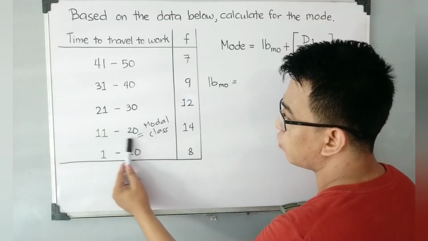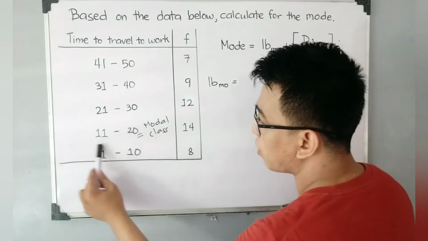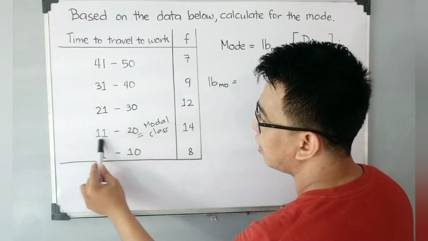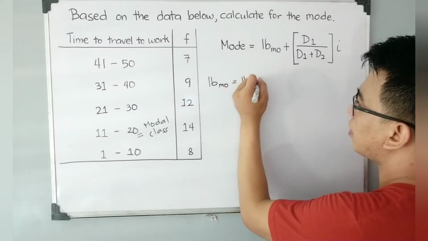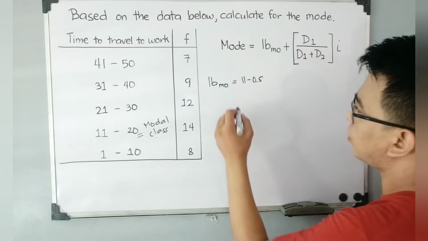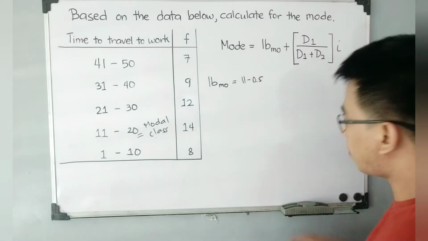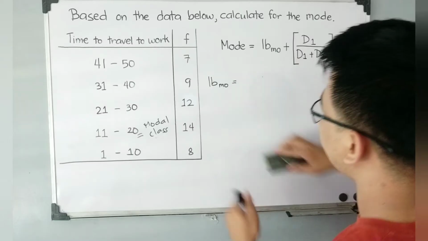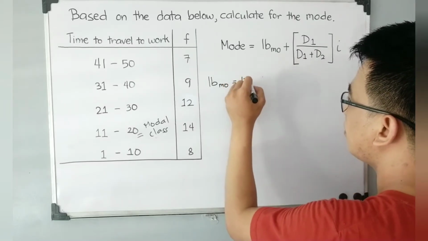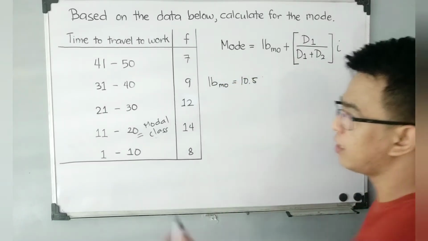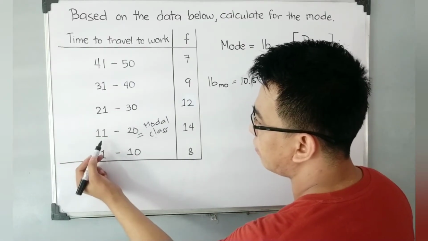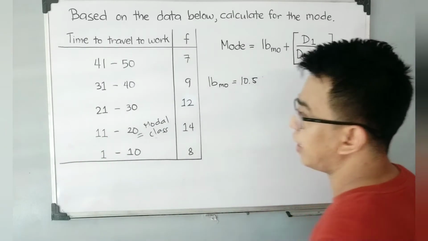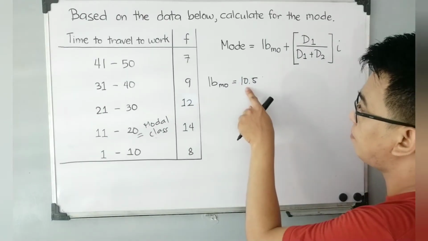We have 11 to 20, wherein you go to the lower limit, which is 11. That is 11 minus 0.5. So the lower boundary of your modal class is simply 10.5. Again, simply subtract 0.5 from the lower limit, which is 11, and that is 10.5.